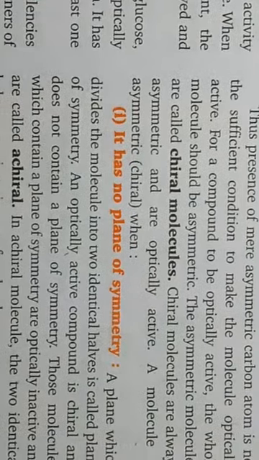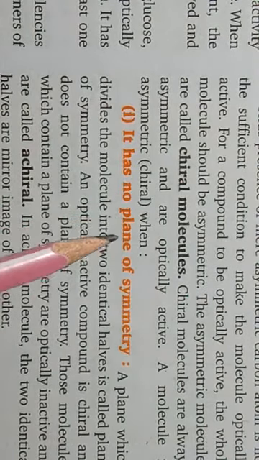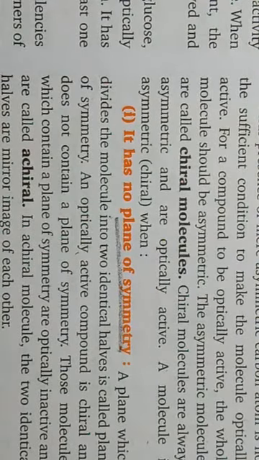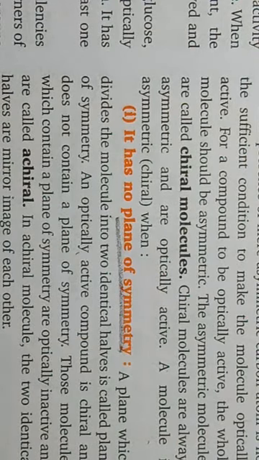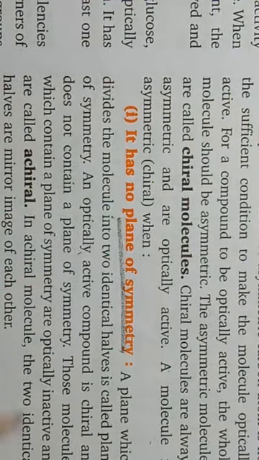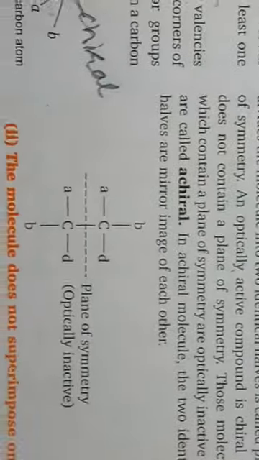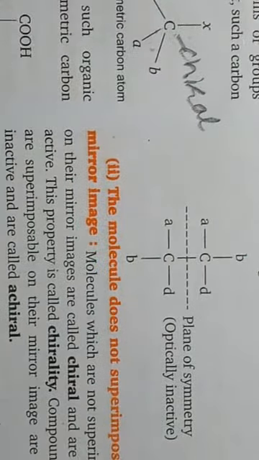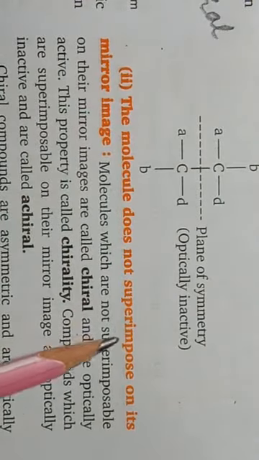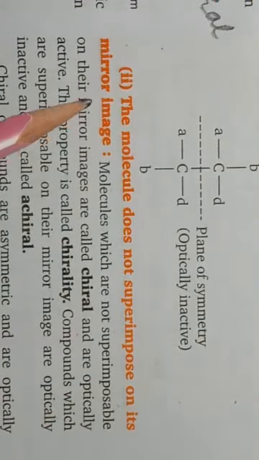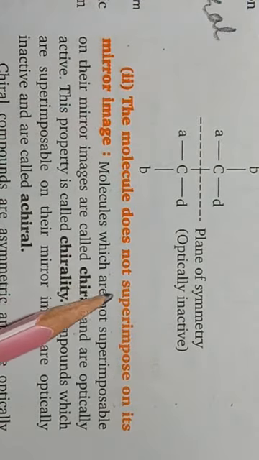The compound which is having no any type of plane of symmetry will be optically active. And also, the molecule which does not superimpose on its mirror image will also be optically active.